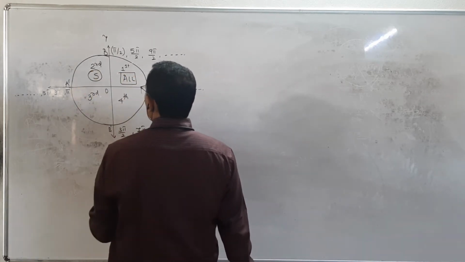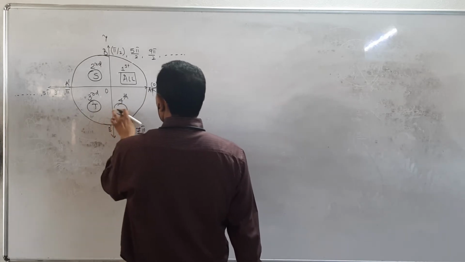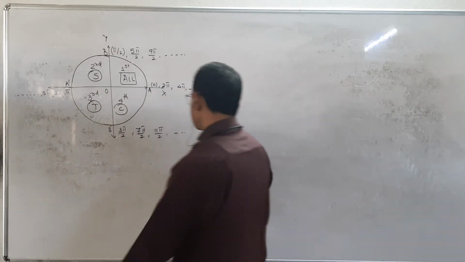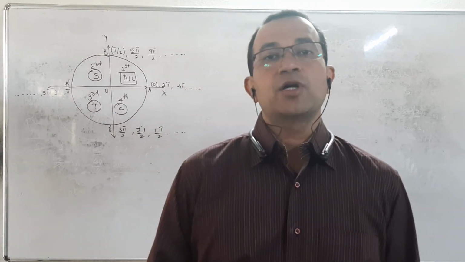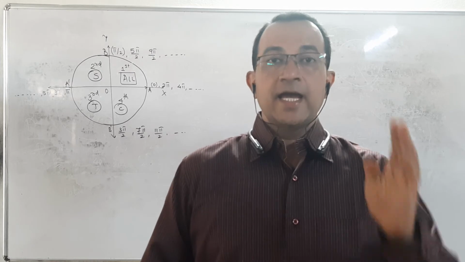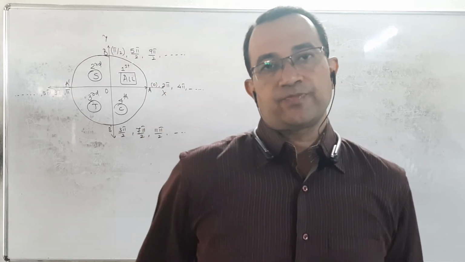Here sine and cosec, here tan and cot, here you can say cos and sec. So I think sir has taught you this much, and all of you are aware of this much.